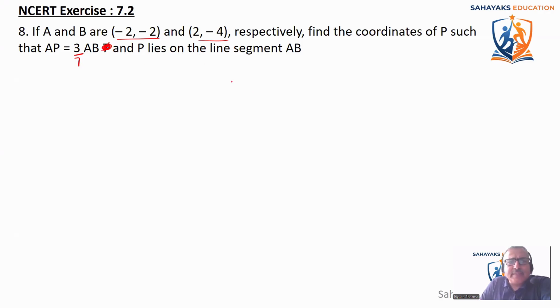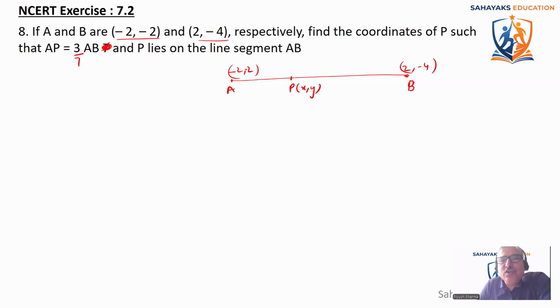So let point A be -2, -2. And this is point B, which is 2, -4. Now this is the point P, with coordinates X, Y. We know that AP is 3 by 7 of AB.